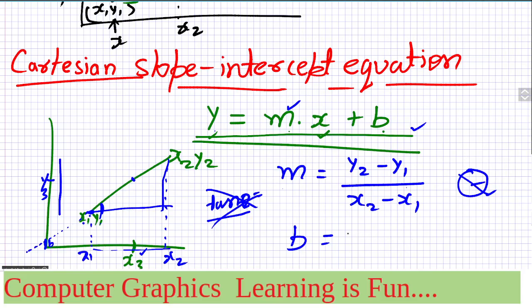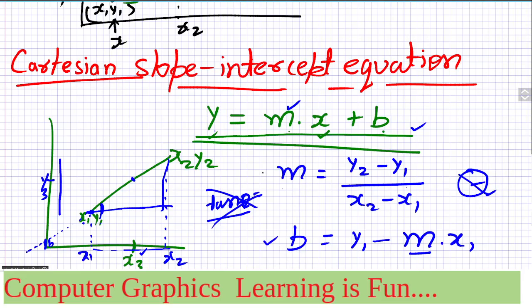So using this information, you can write b is equal to y1 minus m into x1. Why are we taking x1 and y1? Because whenever we are asked to draw a line between two endpoints x1, y1 and x2, y2, these two points will be known to us. So using this first point and the slope, we can derive the value of b.